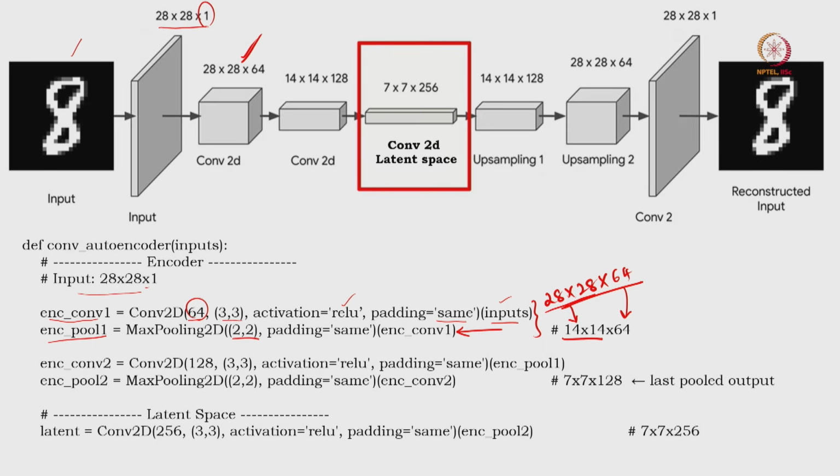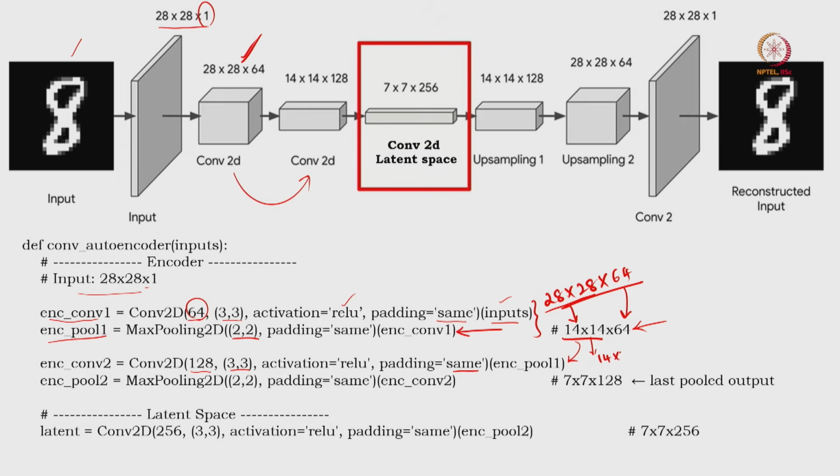Now that entire output is again passed to a second convolutional layer. So what is the input that you are passing? It is 14 14 64. So that is passed to a second convolution layer, which has 128 kernels. Each kernel is of size 3 cross 3. Since padding is the same, whatever the input you are passing, the same dimension is retained.